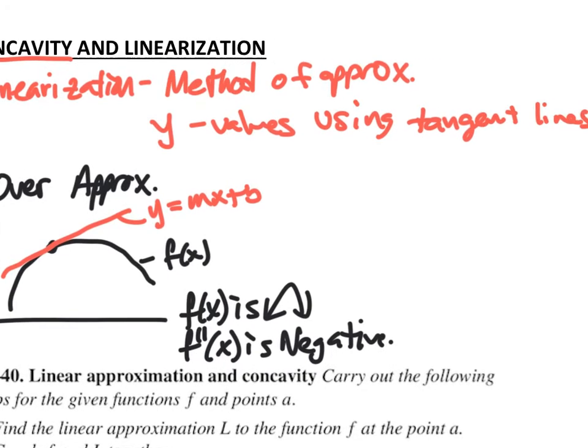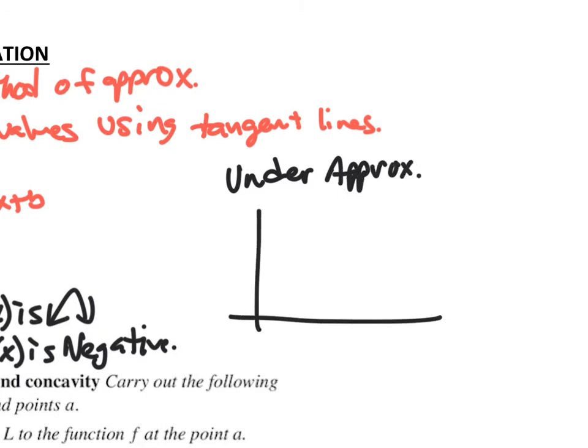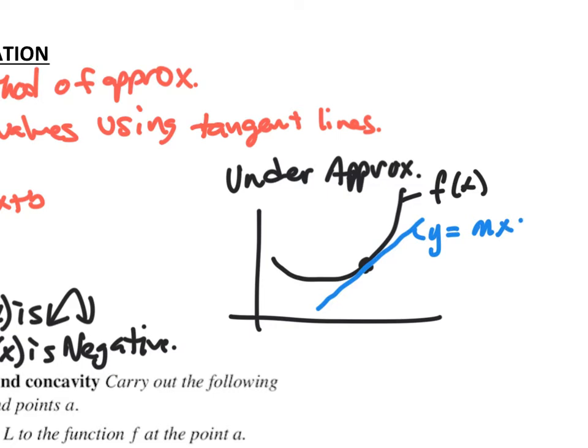Now let's talk about an under approximation. Let me draw a graph and draw something that is concave up. If I put a point somewhere along this function and draw a tangent line like this, any point along my tangent line is going to be below my function values. I'm going to call this f of x, and this y equals mx plus b.